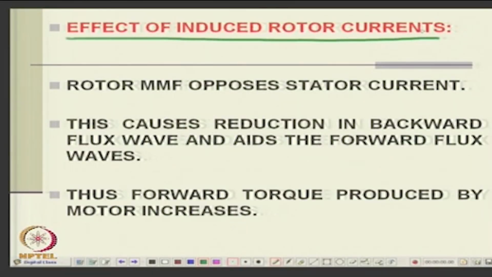Because of this rotor reaction. I have already told you flux is not only due to Fs, it is also due to Fr. The flux is also due to the rotor MMF. The rotor is not a dead iron all the time. Rotor MMF opposes the stator current, because in any induction motor the short circuited squirrel cage bars get currents induced in them, and the rotor surface also gets magnetized because of the induced rotor currents.